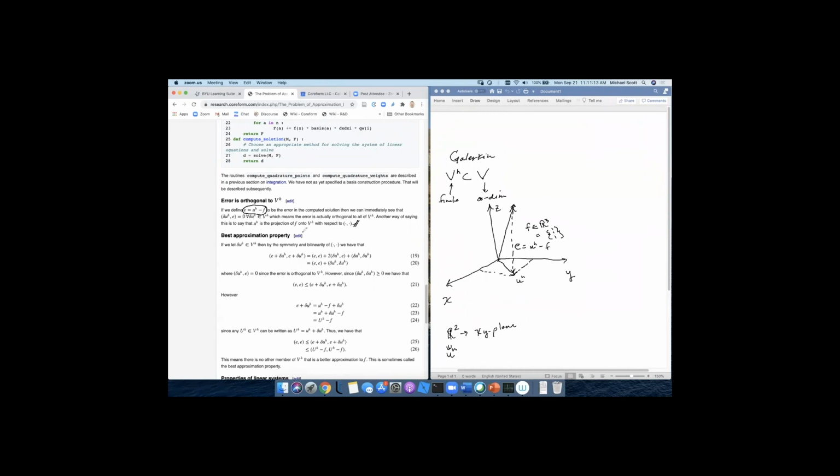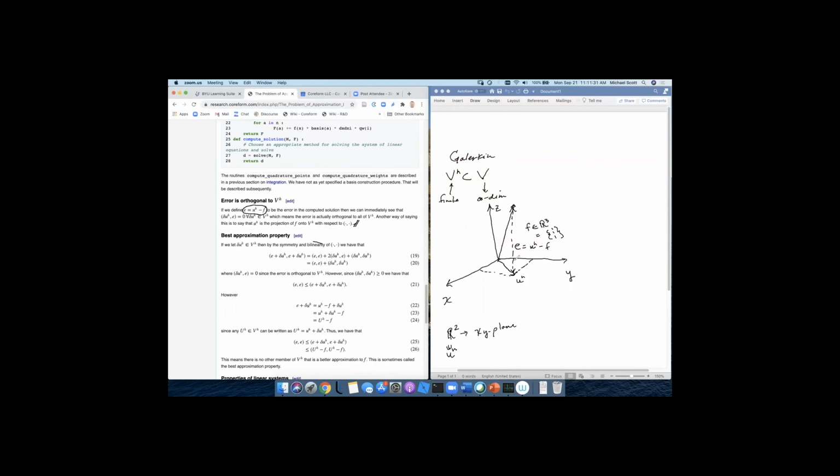The next big guy is what we call best approximation. And it also follows from the orthogonality requirement. I won't go through this proof in detail, but orthogonality is one of the requirements in order to get best approximation.